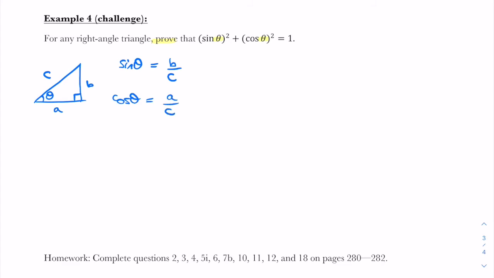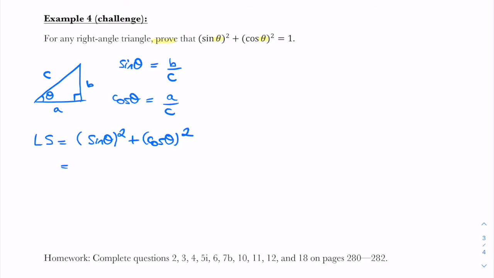We have two expressions now for sine and cosine theta. Let's plug them into the left side of the equation and see what we get. So here's the left side of the equation. Left side equals sine theta squared plus cosine theta squared.